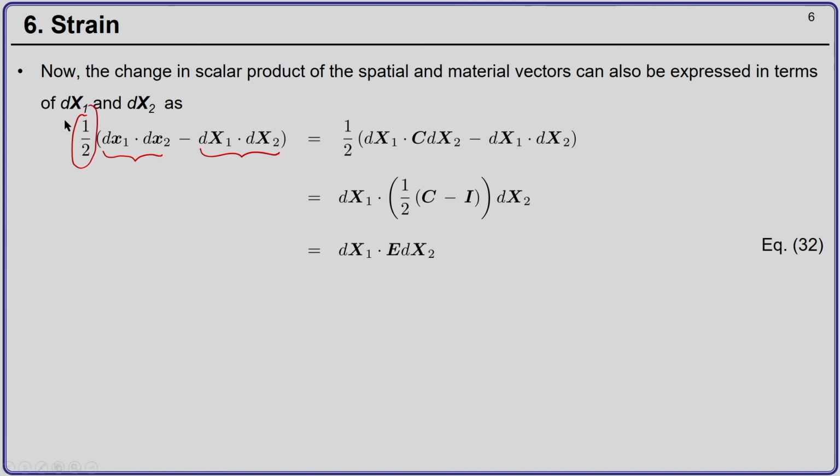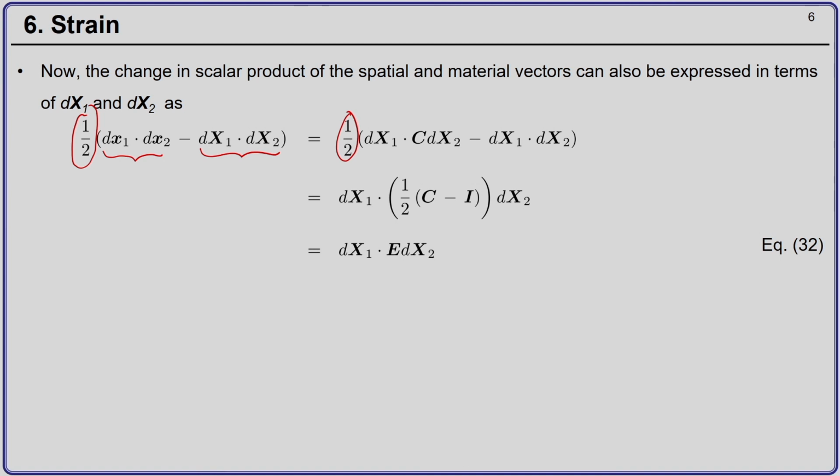The reason for this will be clear when we go to constitutive relations. But right now, just consider that there is a factor 1 by 2 which is multiplied on both the sides. It does not change anything. There is a reason for this, we will come to it later.